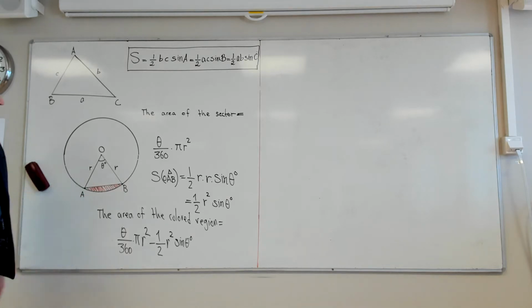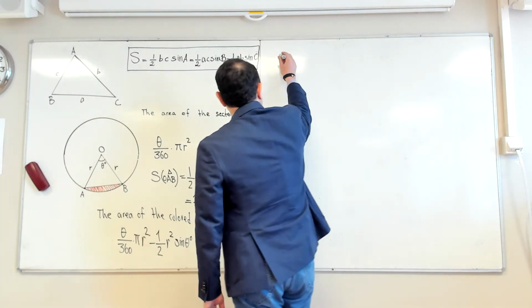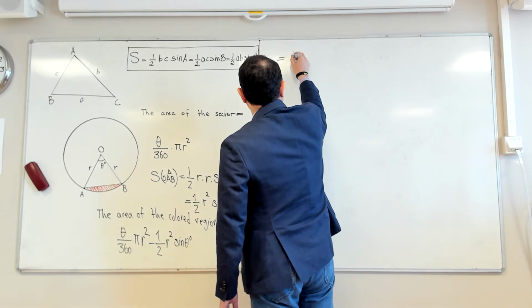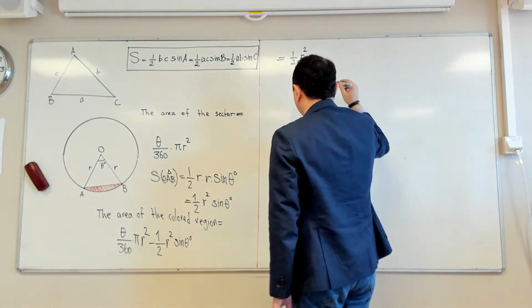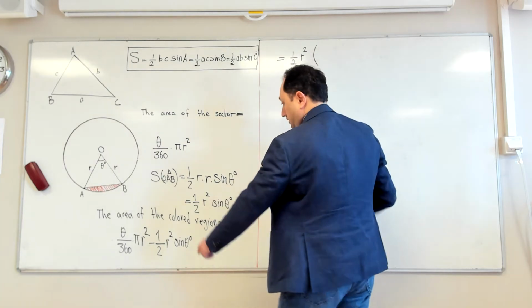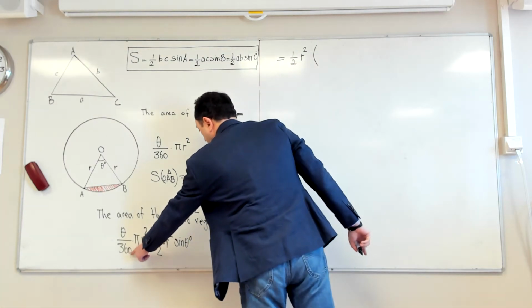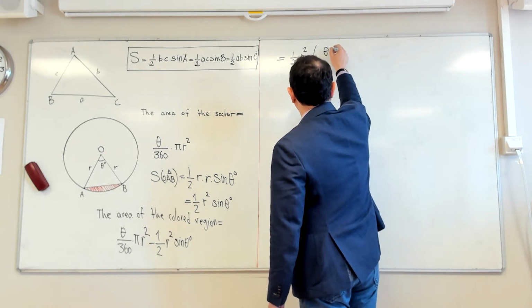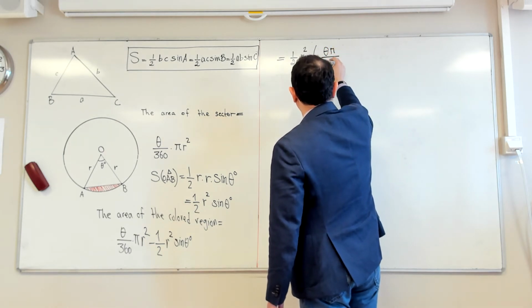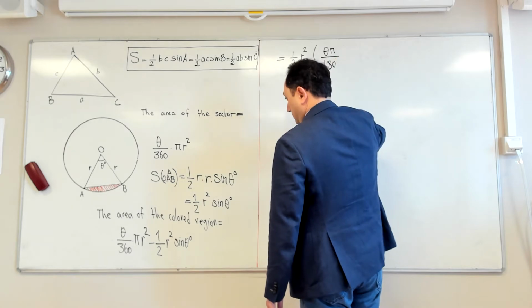If you want to write it a little bit nicer, you can factor 1 over 2 r squared. It is not mandatory. It's finished here. So if I factor this out, r squared is pulled out, 1 over 2 is pulled out. So what is left for me is theta multiplied by pi divided by 180.